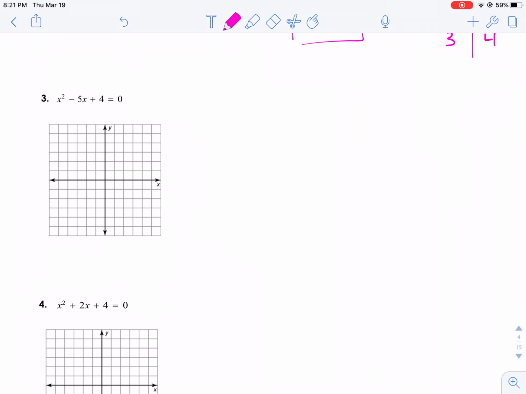Our next example, we have x squared minus 5x plus 4 equals 0. So again, we're going to start with our vertex and axis of symmetry, so negative b over 2a. That would give us negative 5 over 2 times 1, which would be 5 halves.